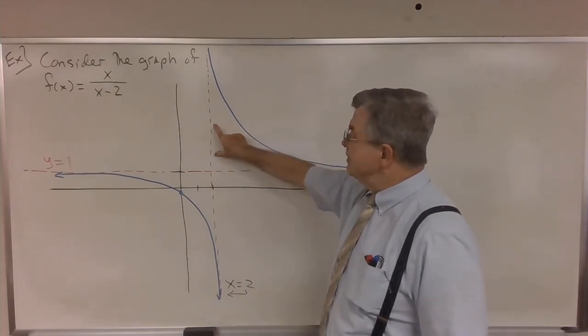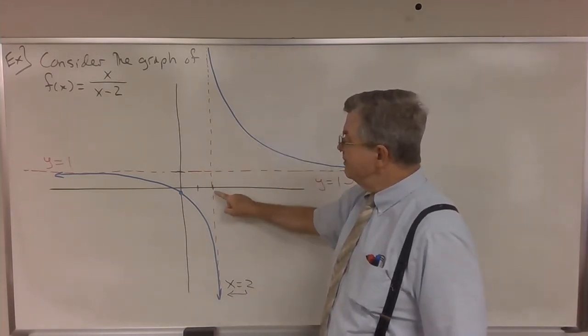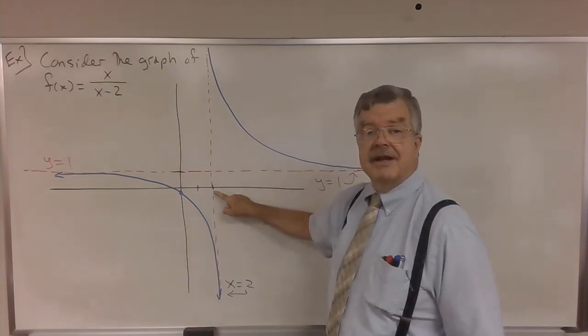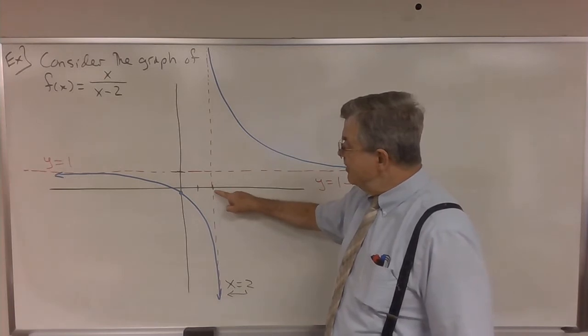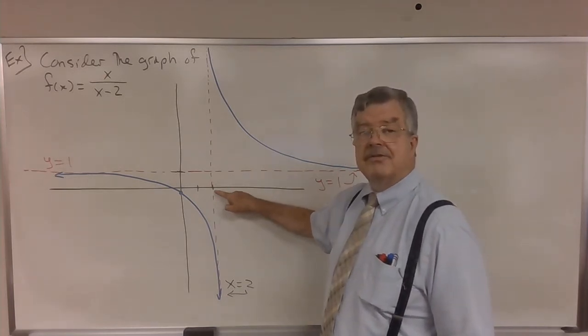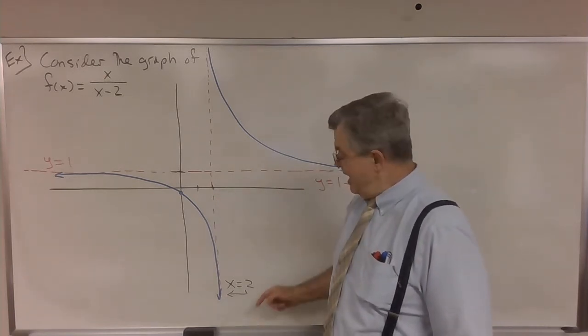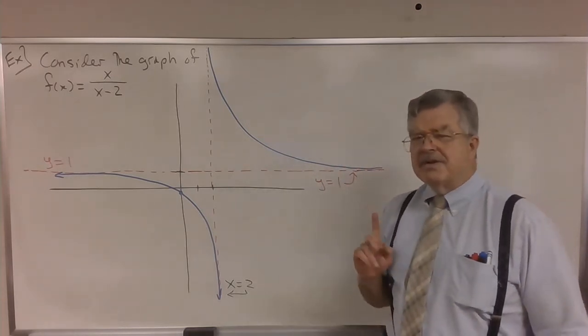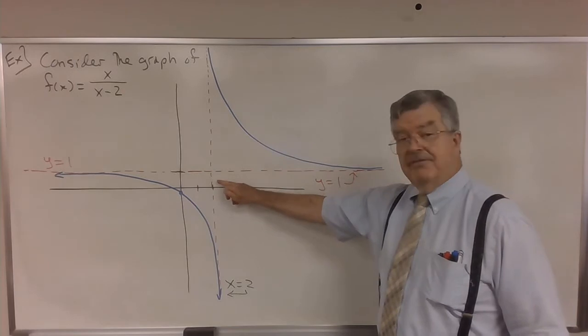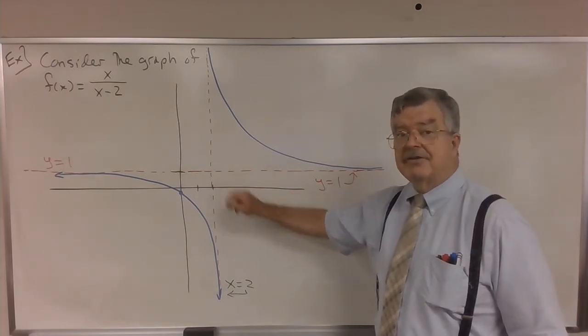In particular, this vertical line intersects the x-axis at x equals 2. The equation of this vertical line that passes through 2 on the x-axis is x equals 2.